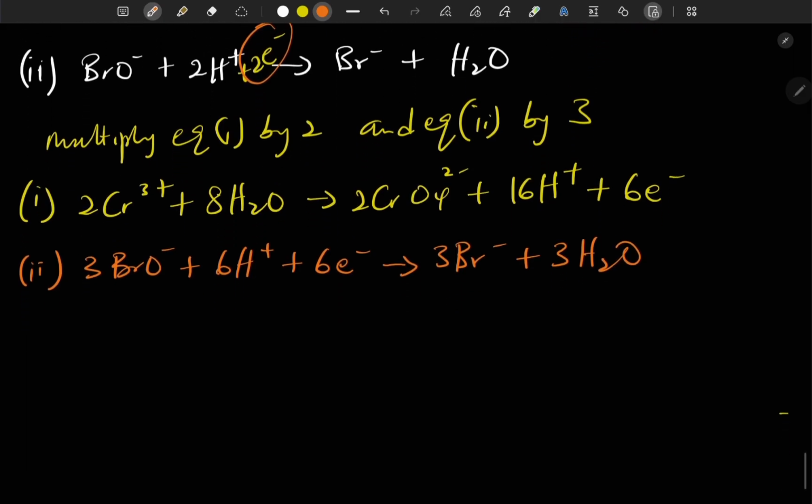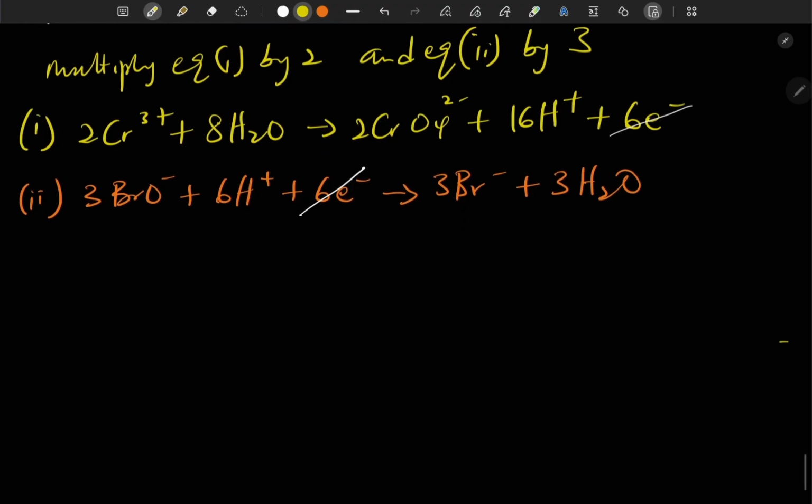So now we have 6e- at the right hand side here, and we have 6e- at the left hand side here, so we can cancel them out and then combine equation 1 and 2.